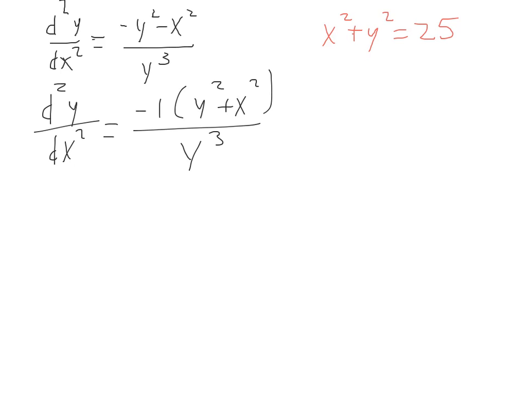And there you should see that we have an x squared plus y squared in the parentheses, and that I'm going to replace with the number 25. And so, sorry about the handwriting, it's not used to writing with this stylus, over y cubed, and then we put this in as 25, and we have a second derivative.